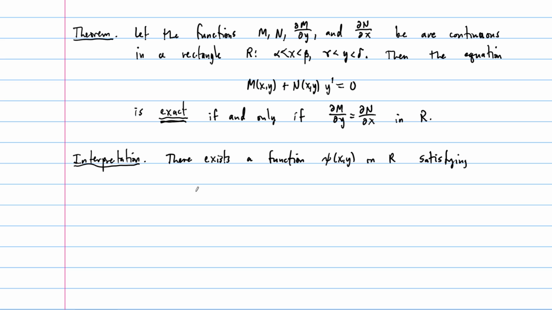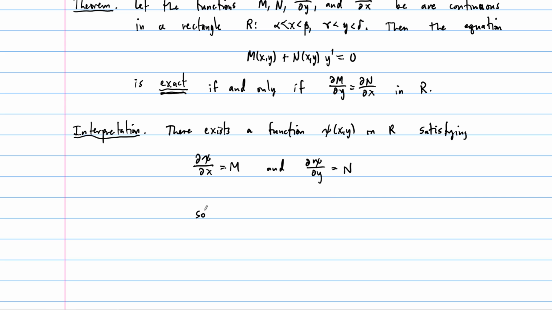Satisfying this property, that the partial derivative of c with respect to x is equal to m, and the partial derivative of c with respect to y is equal to n. And this means that this equation, which I'm going to write out in two steps just so we can see exactly how this works.